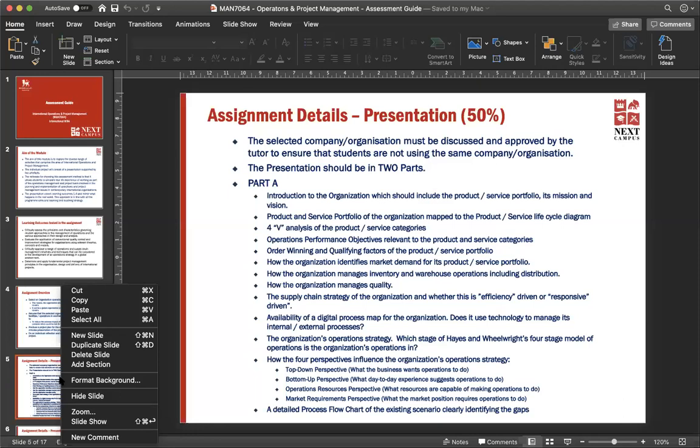So you can ask the marketing division how they decide on how much to produce, how much to sell, and what are the elements that go into that particular decision. What are the things that they consider in identifying the actual demand for a product or service?